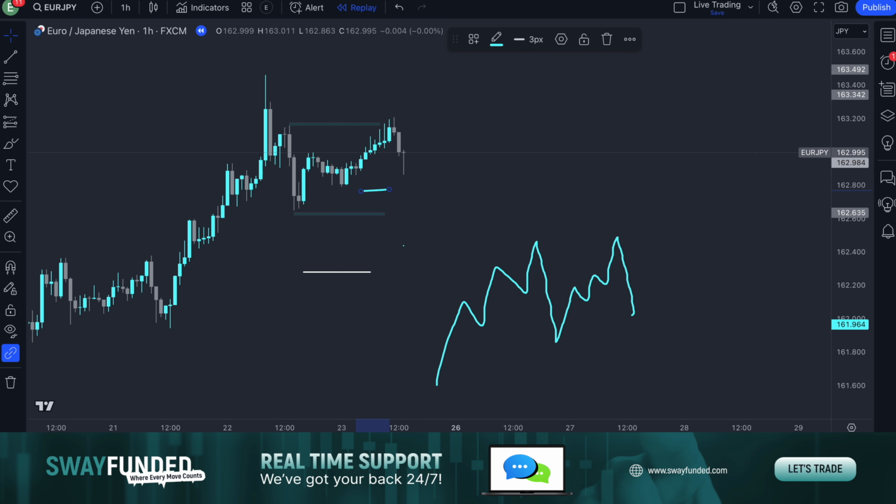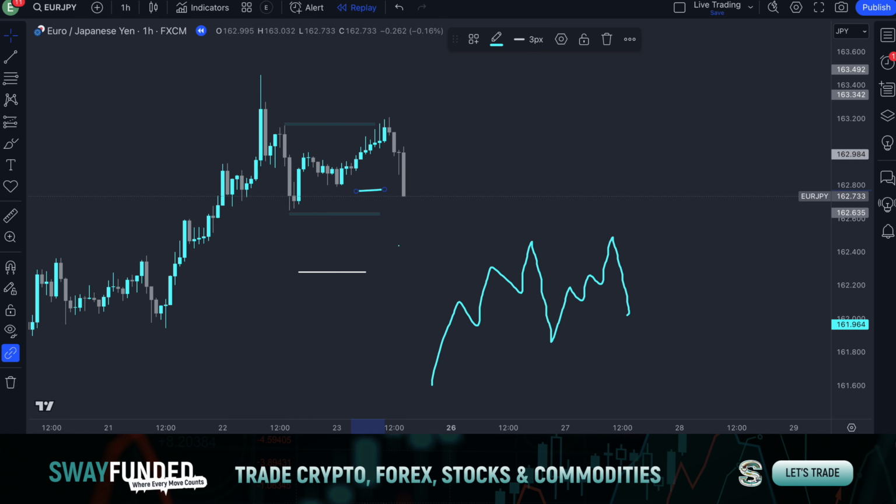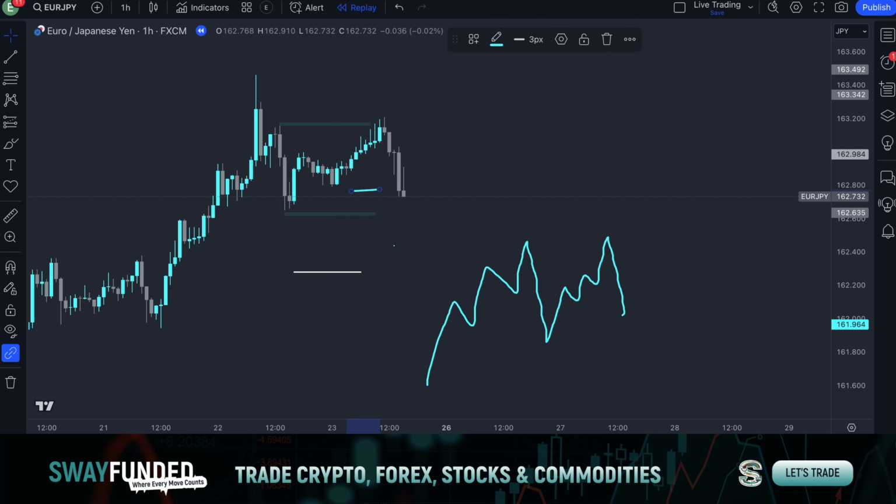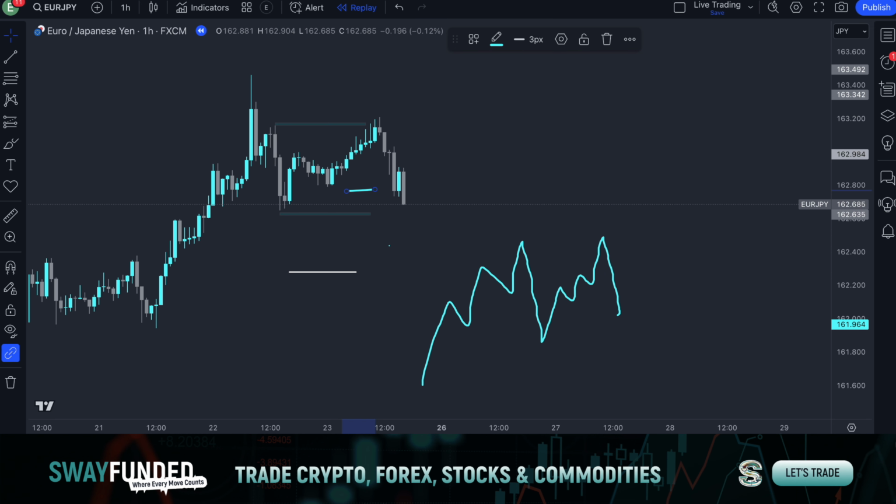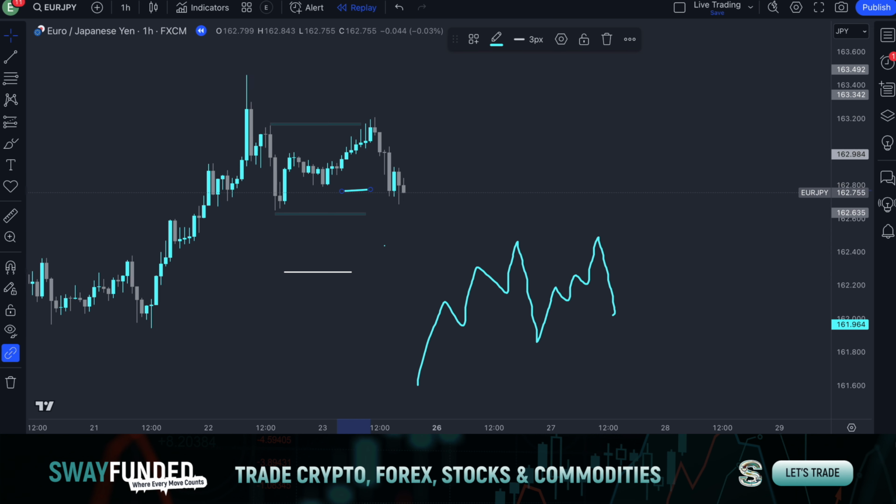We pushed further down, but with the wick, we're pushing down, which is fine. And then did this break the low? It did, but it retraced aggressively. Broke the low, retraced. So for me, this is indicating that, again, we're going to start seeing some more range-bound price action.